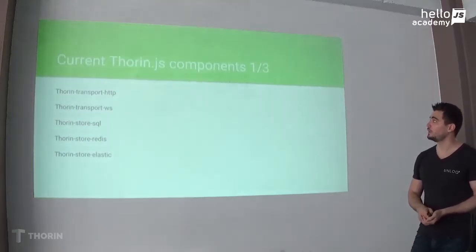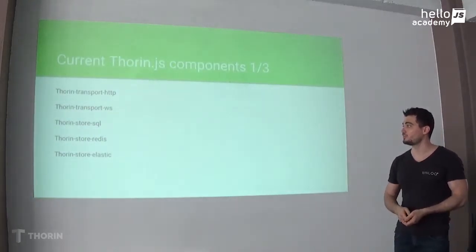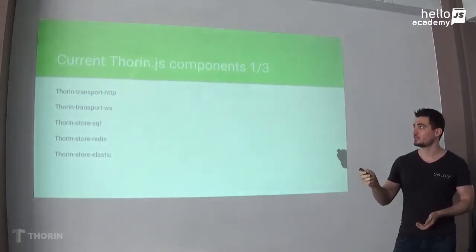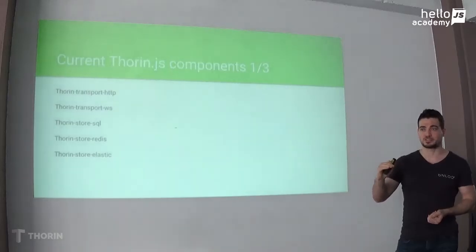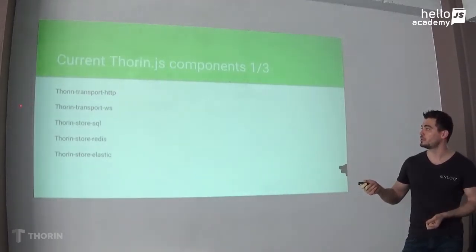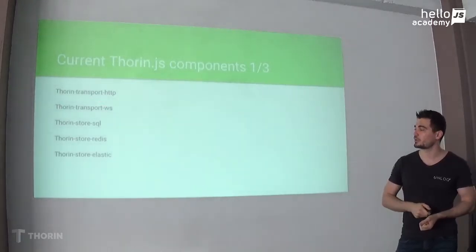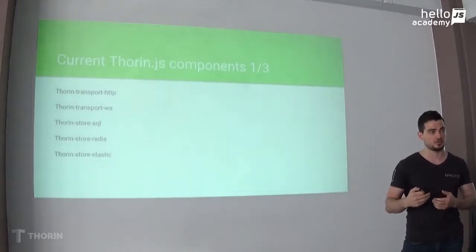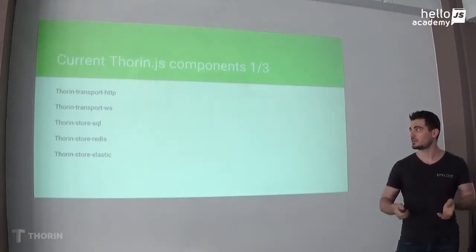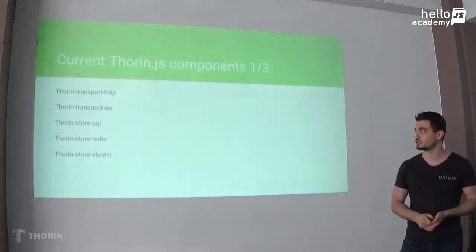Alright, so the current components that we have are, as I said, the HTTP transport. This is essentially a web server that handles incoming HTTP requests. Above it is built the WebSocket transport, which uses socket.io and attaches to it an HTTP transport and essentially enables WebSockets in your application.